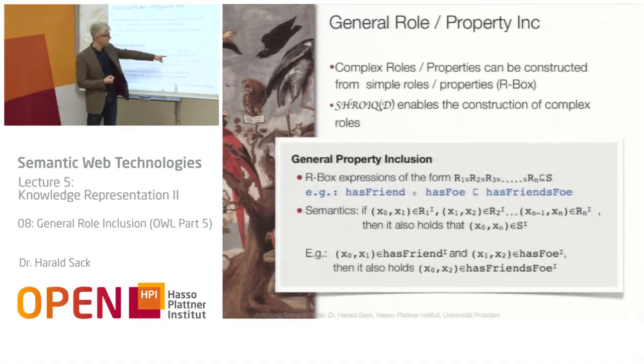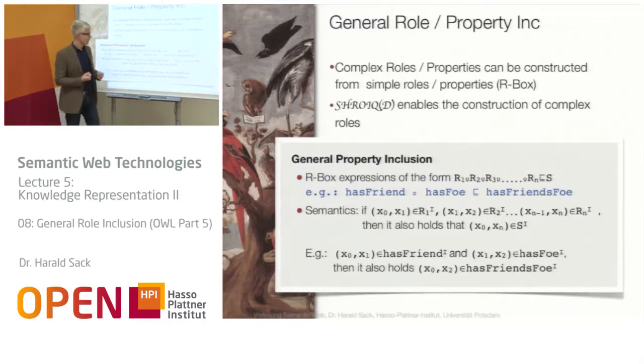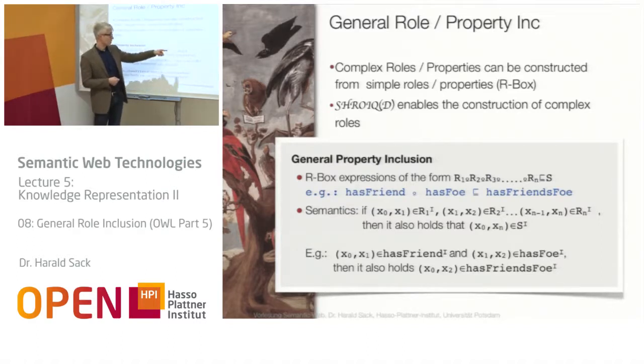So you have here combined or declared a complex new role that says the foes of my friend, and they are composed from the two atomic roles or two atomic properties has friend and has foe. So in general, you have R sub 1 connected to R sub 2 connected to R sub 3 and so on to R sub n. They constitute the role S.